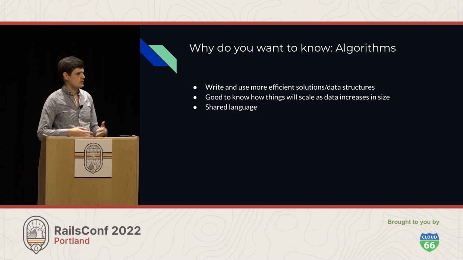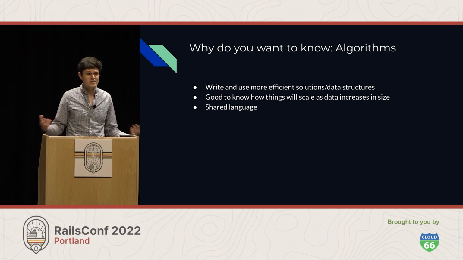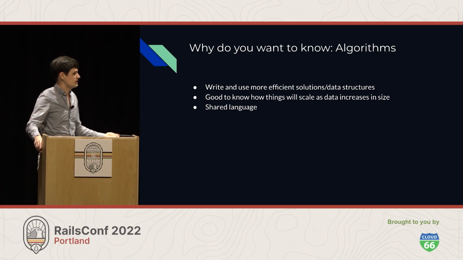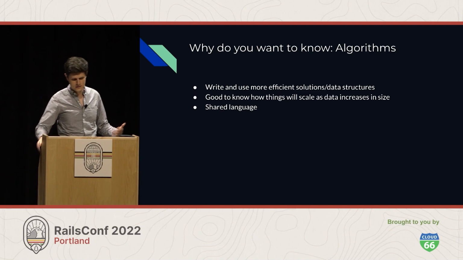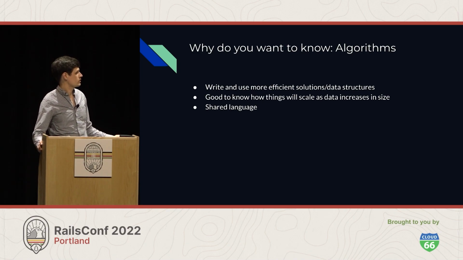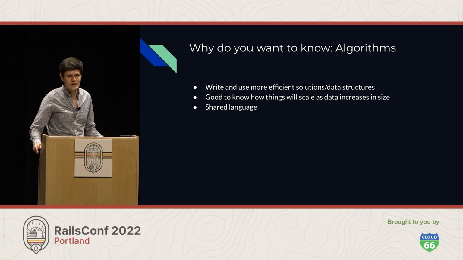Also, the great thing about algorithmic complexity in big O is that it forces us to think about our code in terms of how it will scale with our data, which is increasingly important because our data is getting bigger every day. I mean, big data has become an increasingly large buzzword. Data warehouses, data lakes, all that stuff means that we have to consider how our code will work with larger data sets. Also, having a great shared language with our teammates and coworkers.